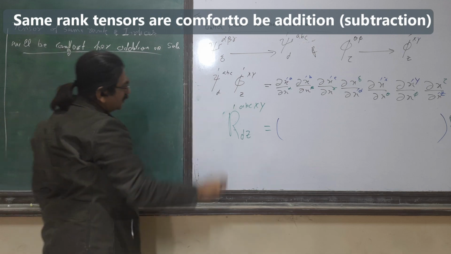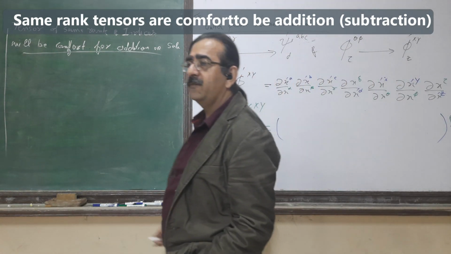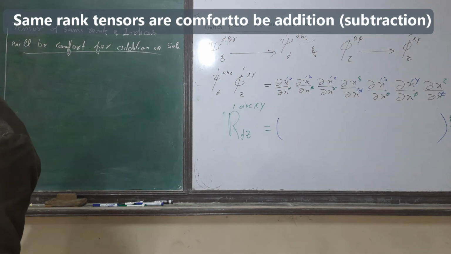Same rank tensor means if the indices are the same and the rank is the same, then they will be suitable for addition or subtraction.